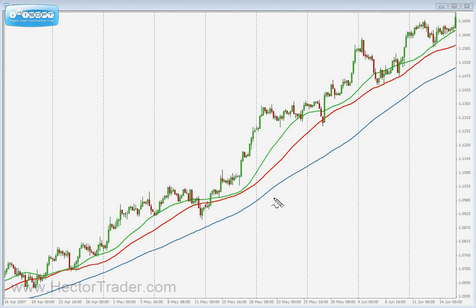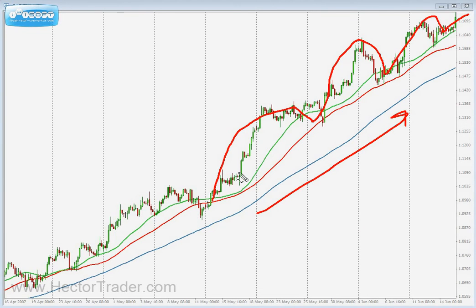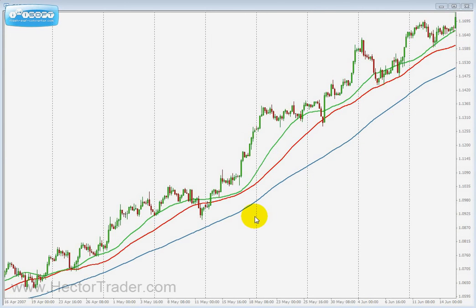As you can see, all this time price has been bouncing very harmonically off the dynamic area of support. In this case, as we're in an uptrend, it has been holding price above. All the moving averages have been in order. The 30 above the 50, 50 above the 100, all of them parallel to each other.